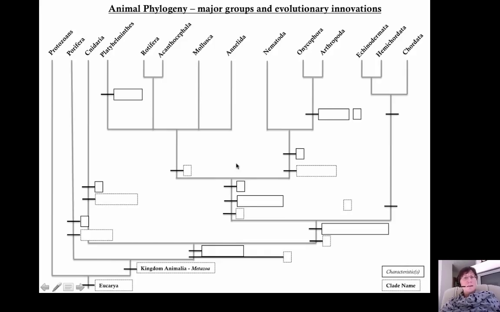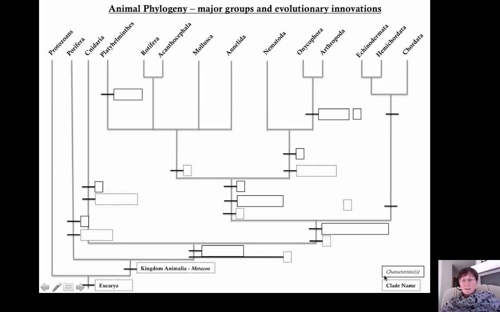So this is the tree that I showed you before, the roadmap for the class. So we've covered the protozoans and the poriferans, and I think earlier I referred to the cnidarians as having already been gone over, but clearly we haven't covered that yet. In theory, you ought to be able to get this very tree, and you should be able to fill in the blanks in these trees.